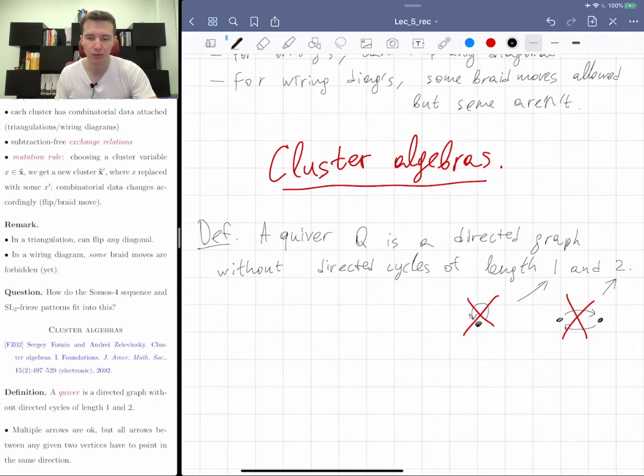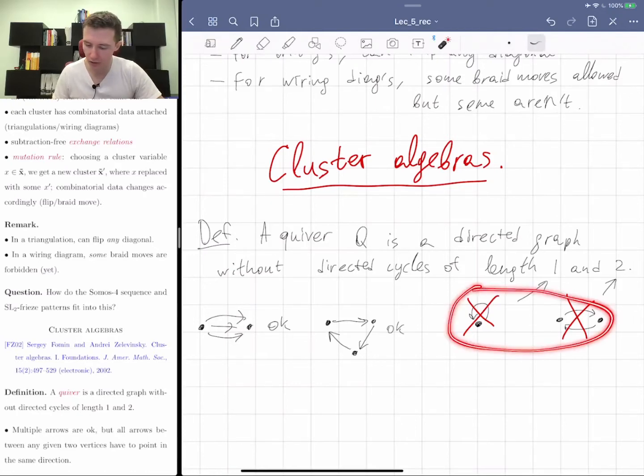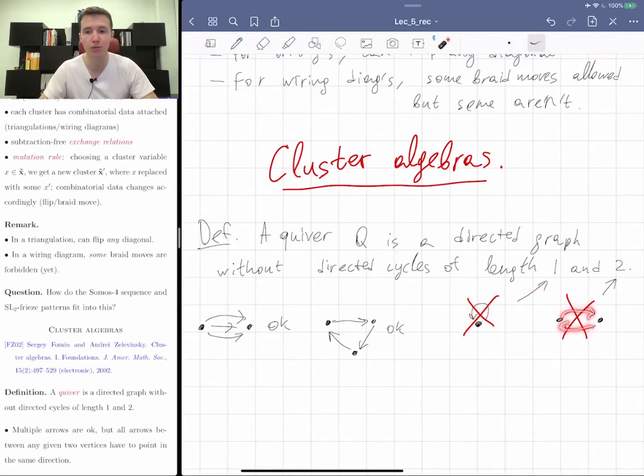For example, you can have two vertices and multiple arrows from one vertex to another. That's okay. You can also have a cycle of length more than 2. So this is also okay. The only two things that are not allowed are self loops and these pairs of opposite arrows.